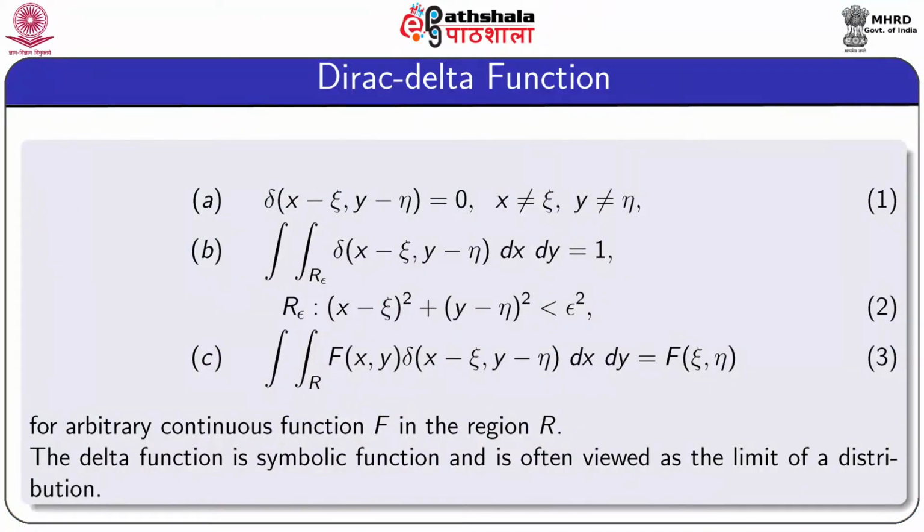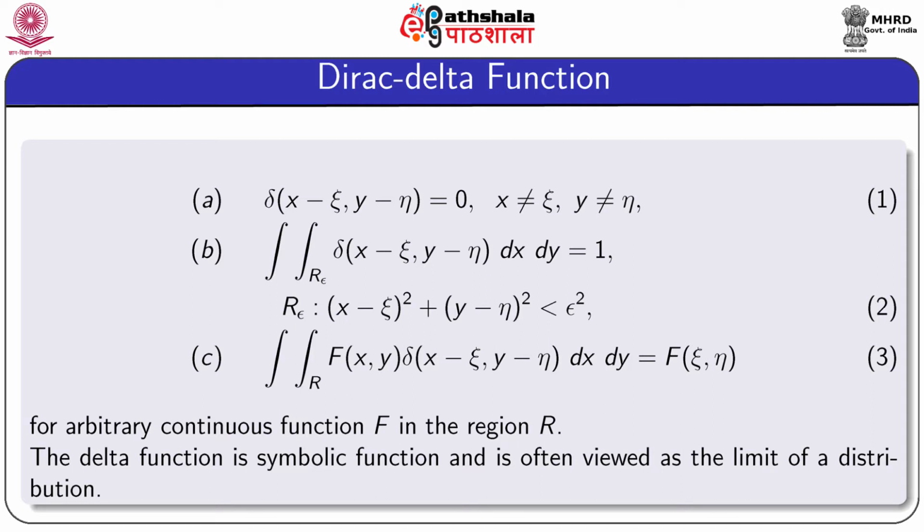Before going to the discussion on Green's function, I am first defining a special function which is called the Dirac delta function. The Dirac delta function, which is denoted by delta of x minus xi, y minus eta, equals 0 for x not equal to xi and y not equal to eta. This is the Dirac delta function in two variables.